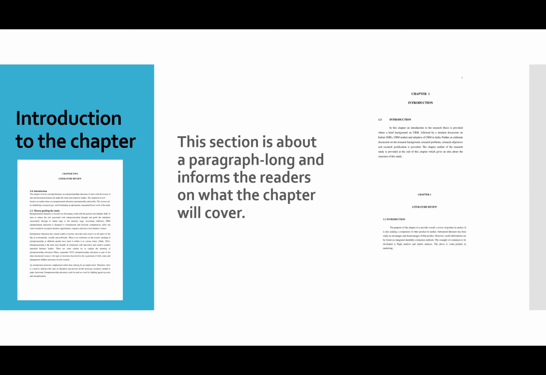So you probably just begin by saying that in this chapter, the items that will be discussed will be the items that I said earlier. Or sometimes you say this chapter consists of conceptualization, review of literature, hypothesis.